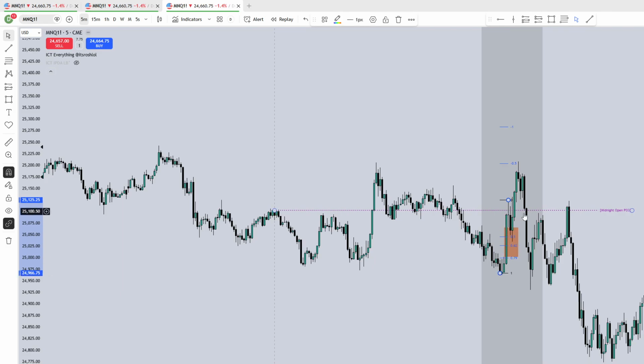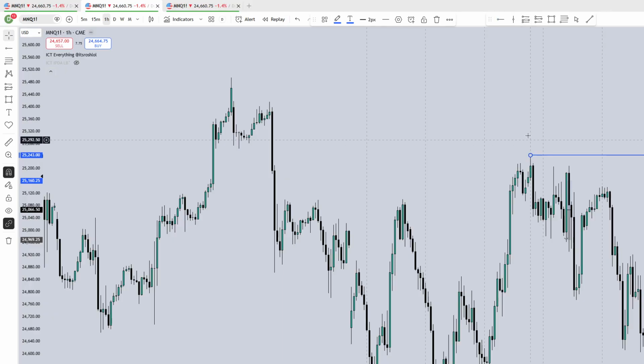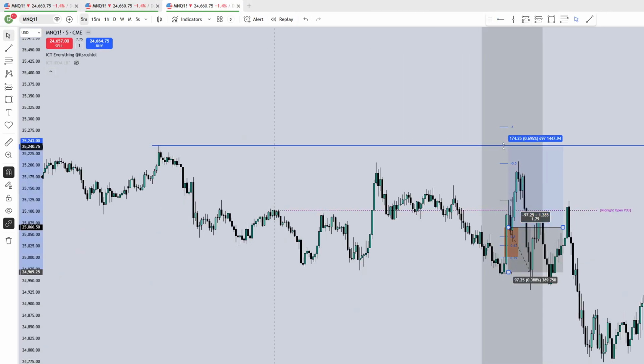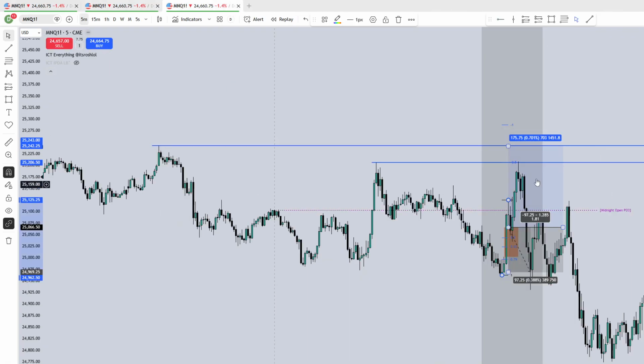But I had gotten stopped out on this because I was looking for this high, something like that, and we fell short of that high. We took that high.